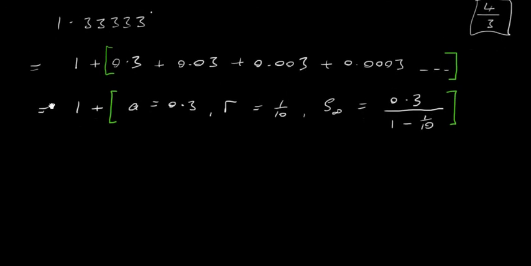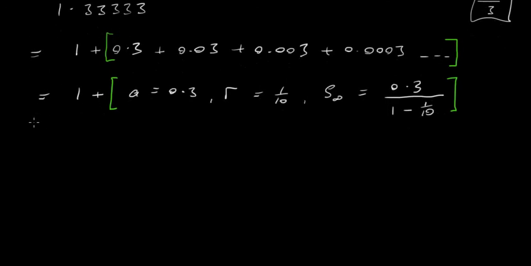So let's do that then and see what we end up with. Well, we've got our 1 here plus what we end up with inside our brackets here. This is the bit we want to do. So let's see, that's 0.3 divided by 1 minus 1/10.